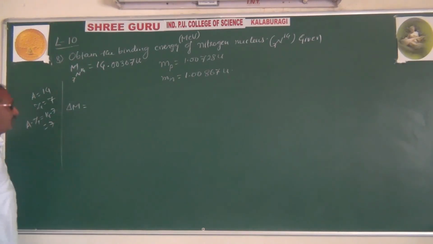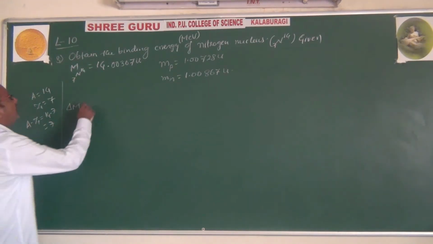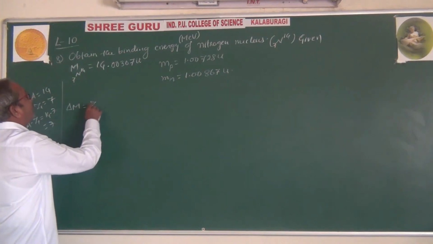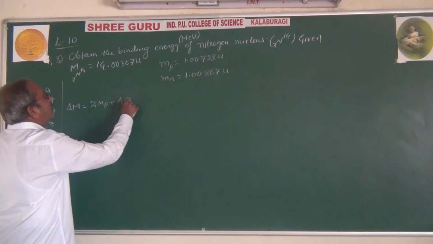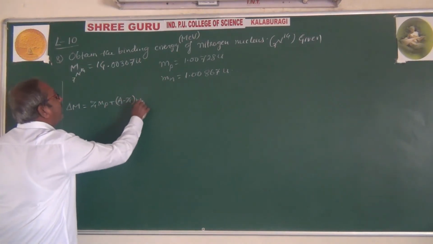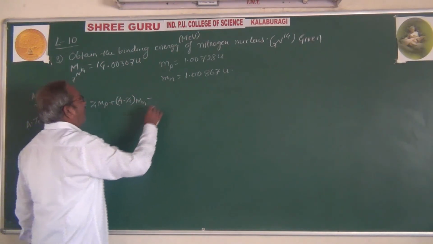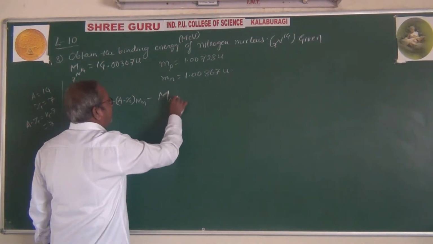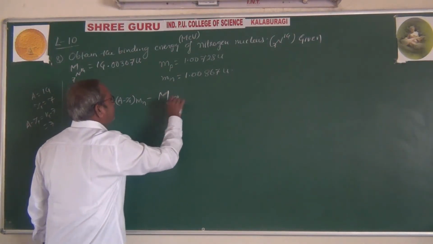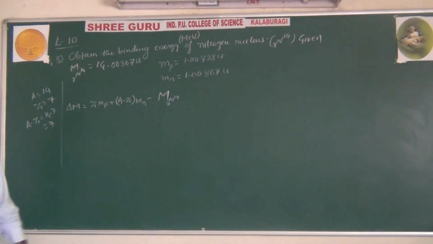So here, the sum of the mass of protons, Z into Mp, plus A minus Z into Mn, minus the mass of nitrogen. This type of relation is better to use so that it is easy to calculate.